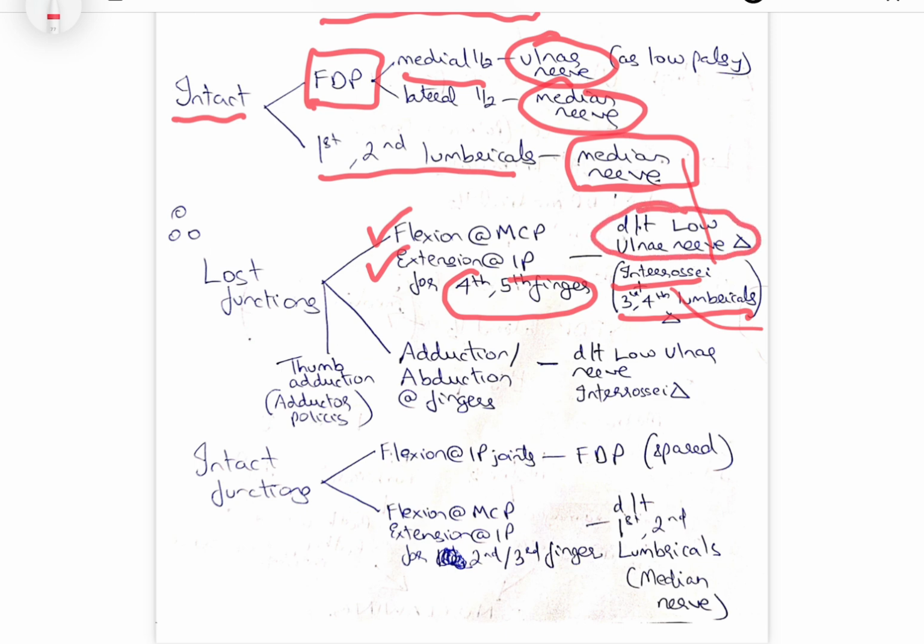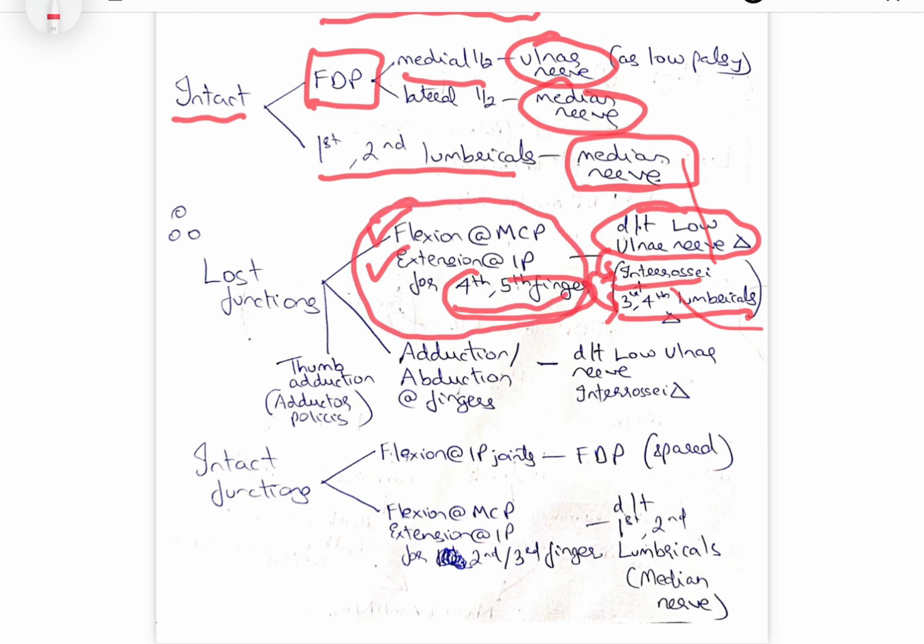So what is lost is the flexion at MCP and extension at IP joint for the fourth and fifth finger.